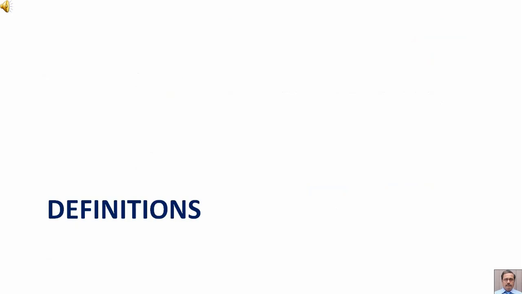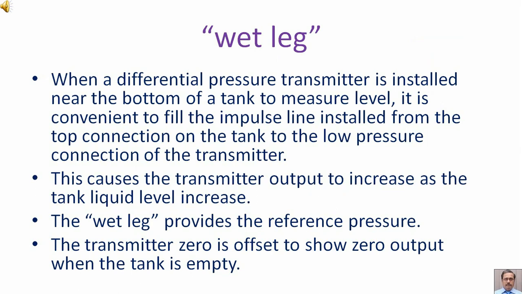Definitions. Wet leg. When a differential pressure transmitter is installed near the bottom of a tank to measure level, it is convenient to fill the impulse line installed from the top connection on the tank to the low pressure connection of the transmitter.